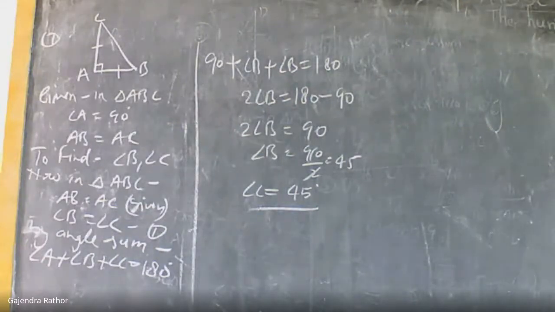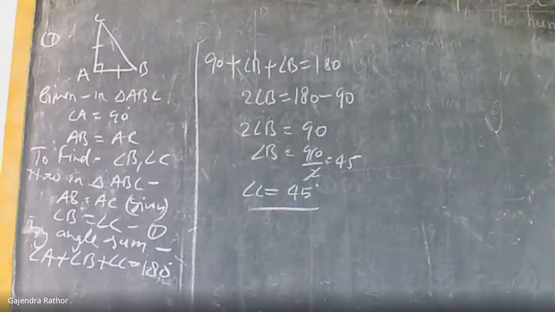Okay, the next question is related to an equilateral triangle. We know that in an equilateral triangle, all sides and also all angles are equal, and we also know that the value of each angle in an equilateral triangle is 60 degrees.